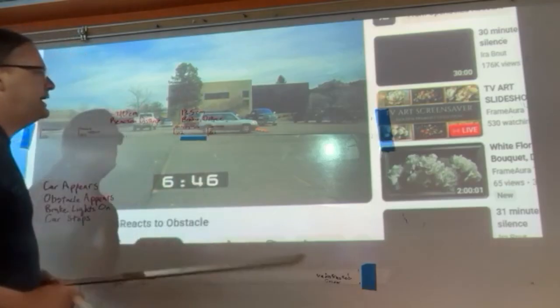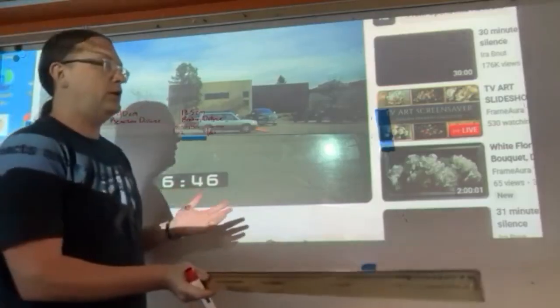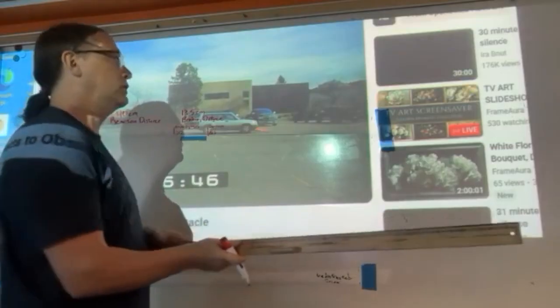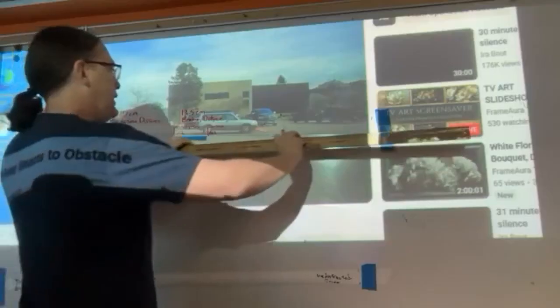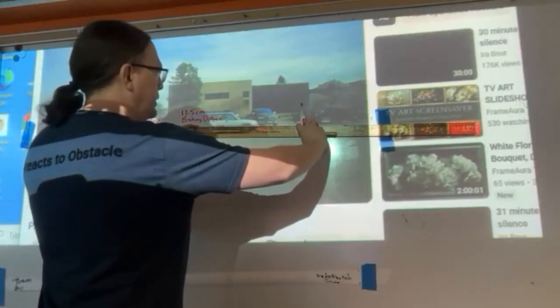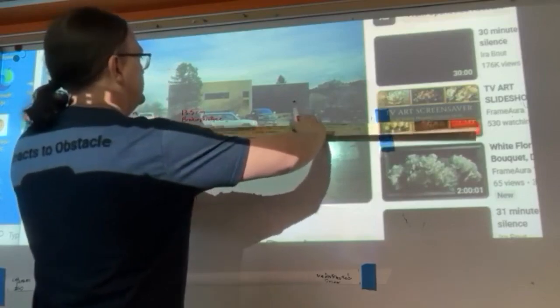To put this now to scale so we can compare it to the undistracted driver in real world terms, remember that our car from bumper to bumper is 24.5 centimeters.